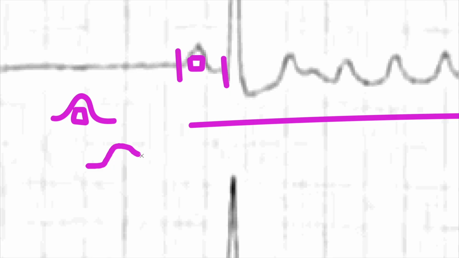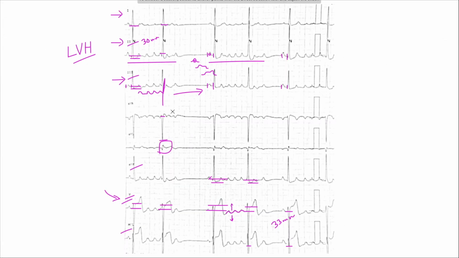Your left atrial enlargement is just going to be a wide P wave, and it can also be both, where the latter portion is going to be larger than the first portion. There's of course gray areas. Not all of this stuff is going to look textbook perfect, so you do have to kind of think your way through it. But we might have right atrial enlargement here as well.